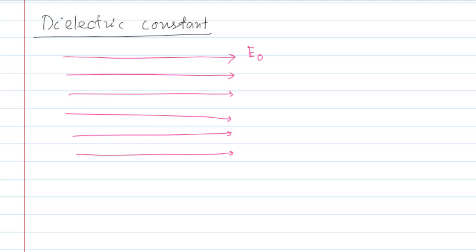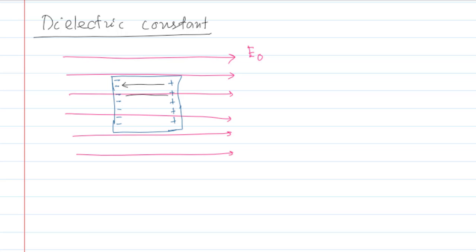Now if I place one dielectric material inside this electric field, then what will happen? Then we know there will be some induced charge, right? So you can see on the left hand side we will have some negative charges, and on the right hand side we will have some positive charges, and hence there will be some electric field in the opposite direction, that is this one, right?